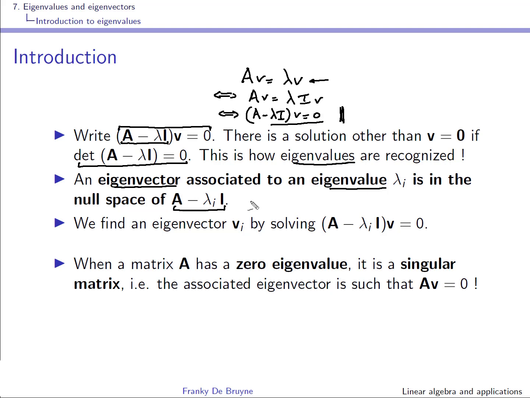Once you've isolated the eigenvalue, it's in solution of this equation over here, you can solve for the associated eigenvector by solving this equation over here. So if a matrix has a 0 eigenvalue, well, this equation over here becomes this equation over here, and this can only be true if the matrix is singular.